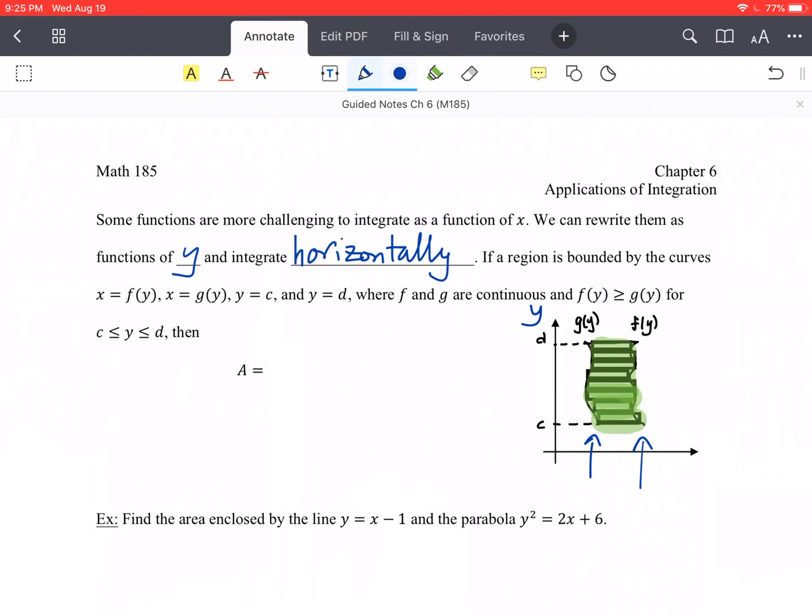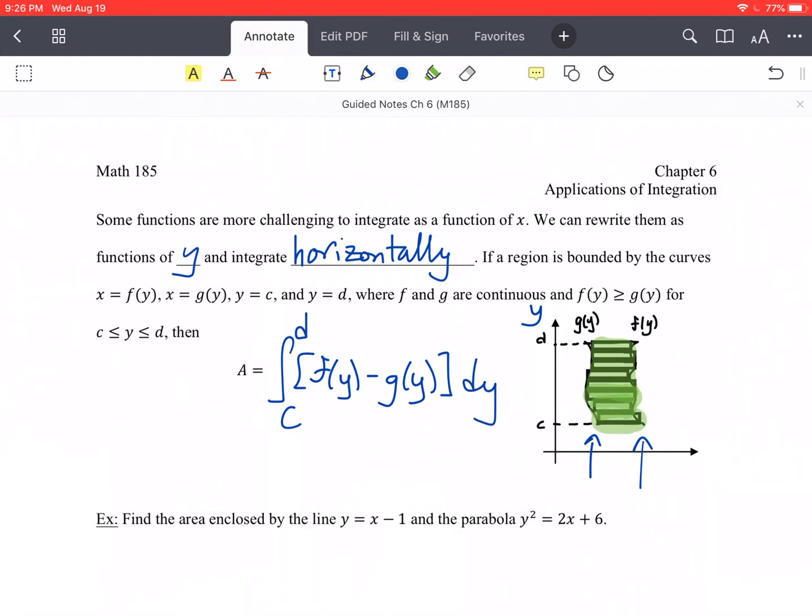You can also think of it in terms of the area: bigger area minus smaller area. But formulaically, to compute this area, we just take the integral from c to d of f of y minus g of y dy.